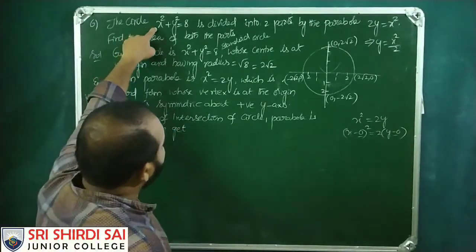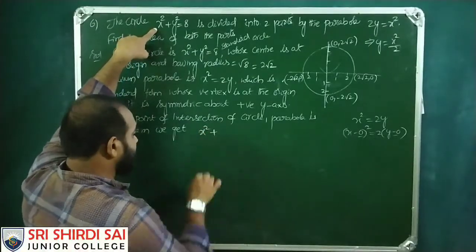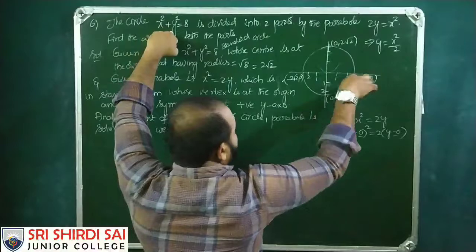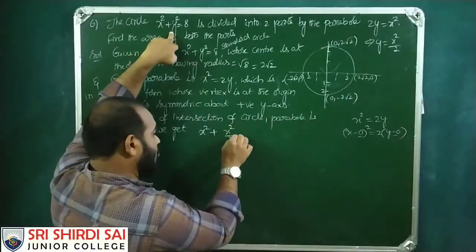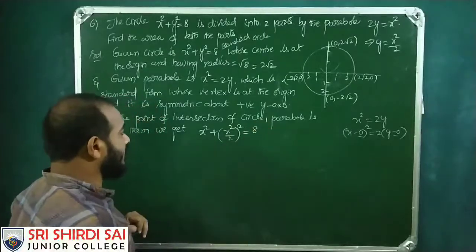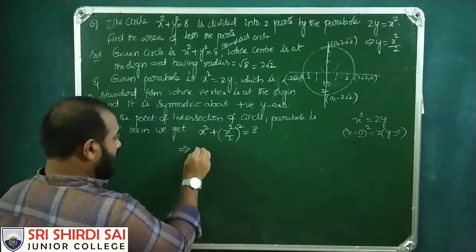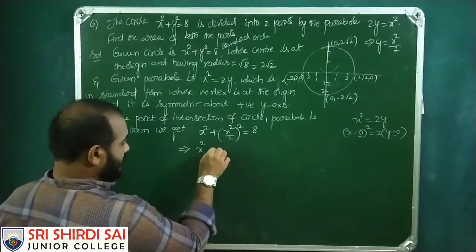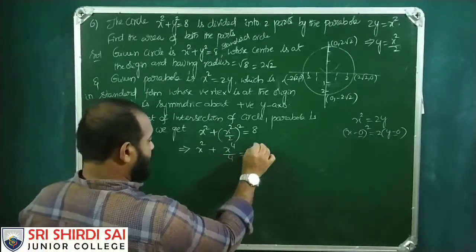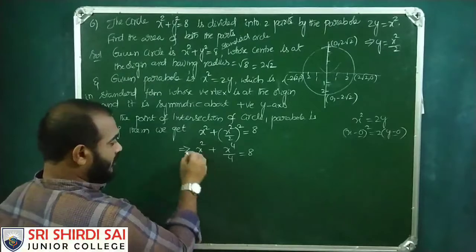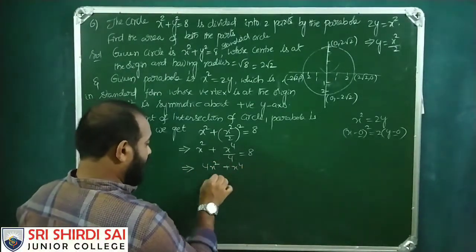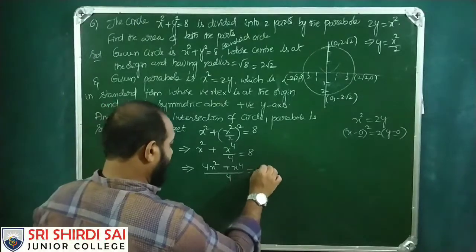x square plus y square, with y equal to x square by 2, so x square by 2 whole square, equals 8. This is x square plus x power 4 by 4 equals 8. Taking the LCM, 4x square plus x power 4 by 4 equals 8.